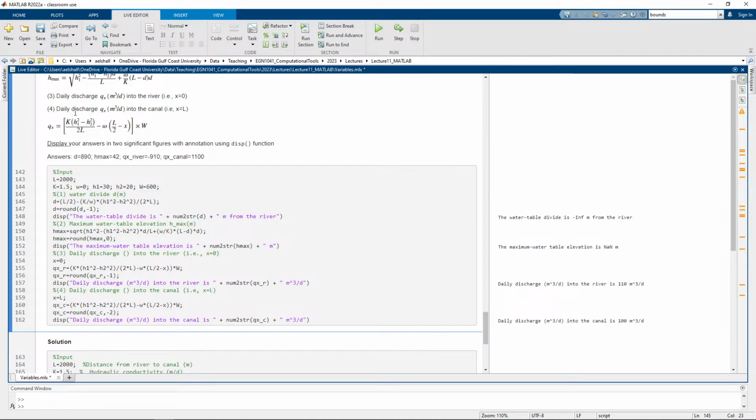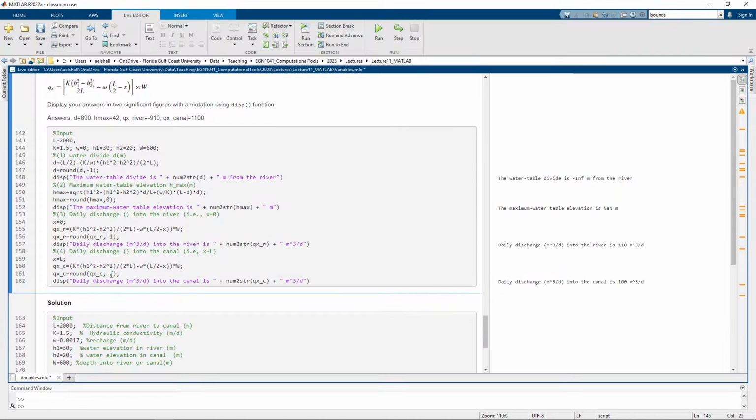the daily discharge into the river, here we get a different number because it's only using one significant figure, because now I need to change this to -1. Or maybe let's just show the actual value without any rounding. That'd be easier.